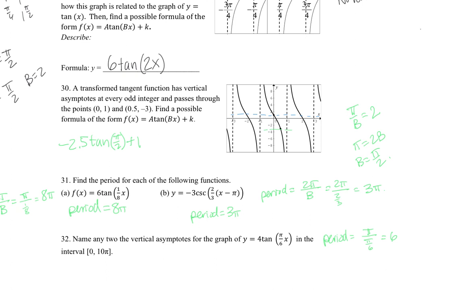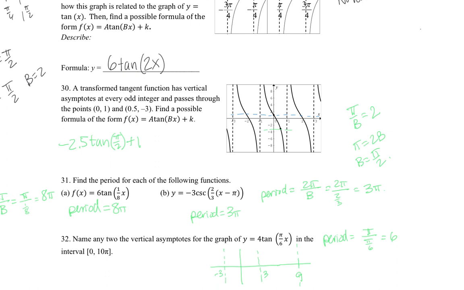Okay, and so what that means is that I'm going to have asymptotes on either side of 0. I'm going to go to the right 3 and to the left 3. So I have asymptotes there. And then I'll have an asymptote again, 3 plus 6 is 9. So I'll have an asymptote there.